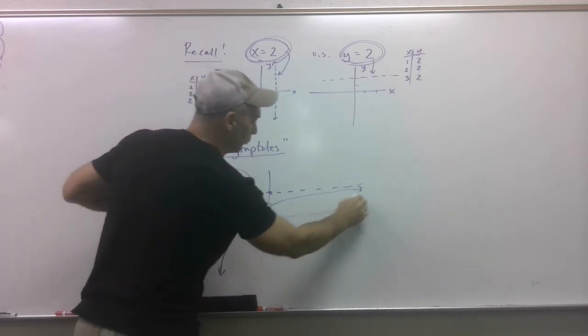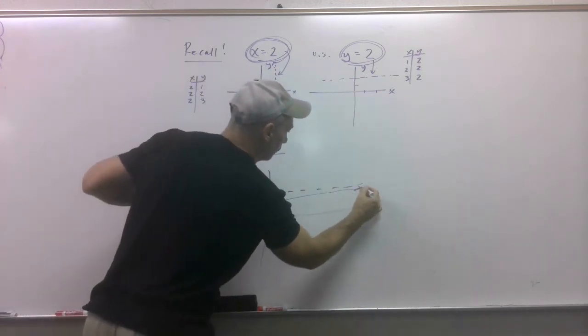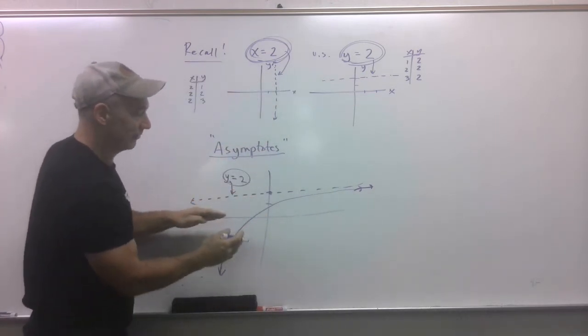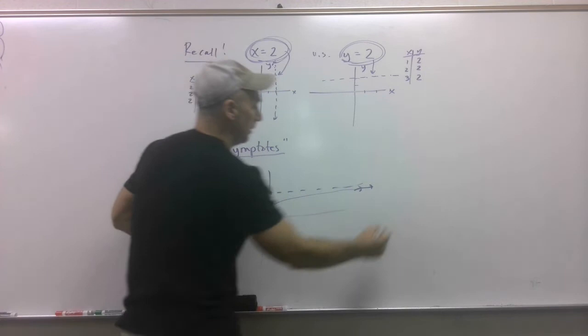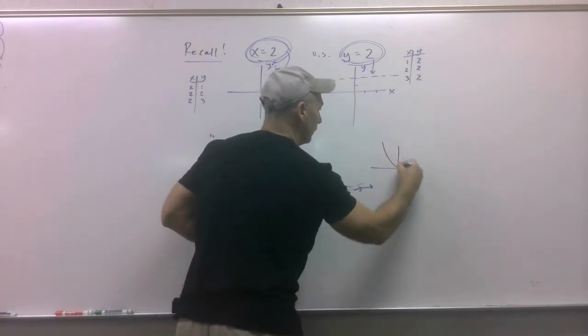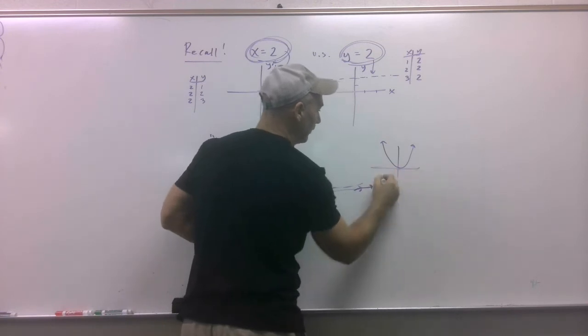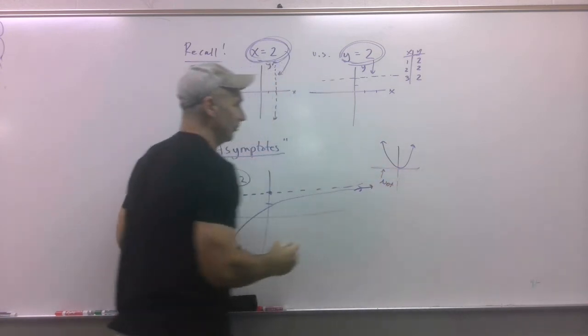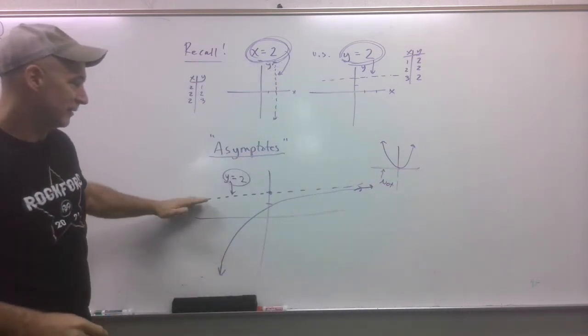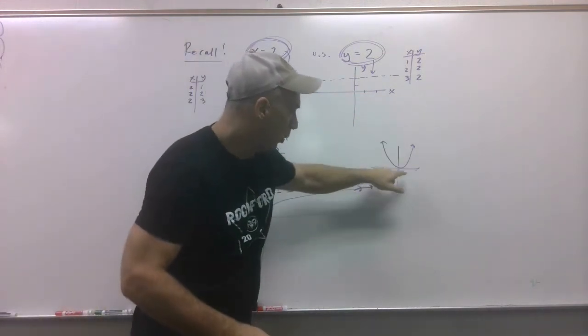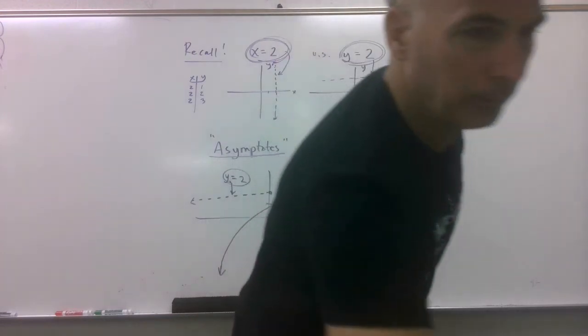If a graph approaches it and just keeps getting closer and closer and closer, but never crosses this line, it's called an asymptote. This graph right here definitely goes down and touches it. This is not an asymptote. Notice the difference? There's no gravitational pull; it just goes down and goes up. There's really no asymptote here. We'll work with that more.